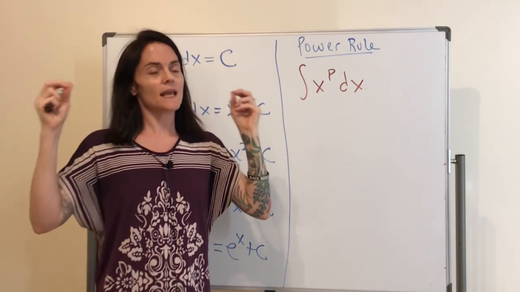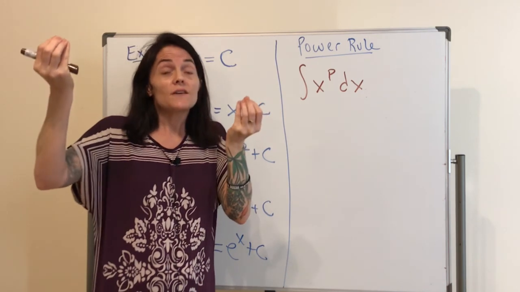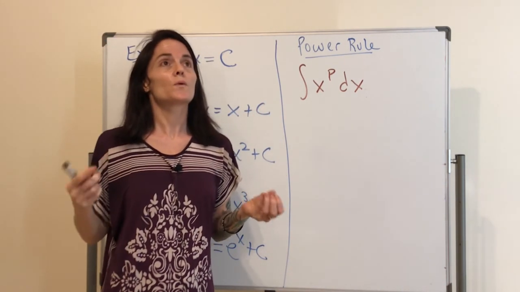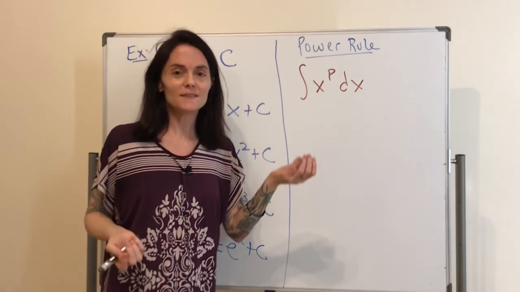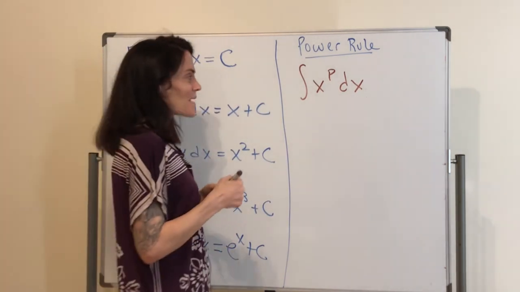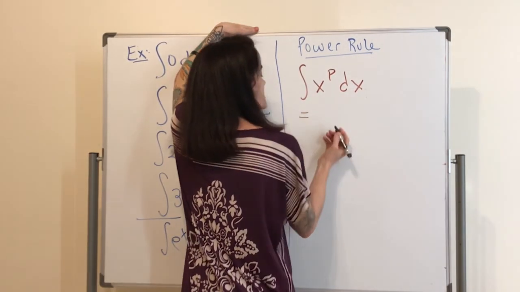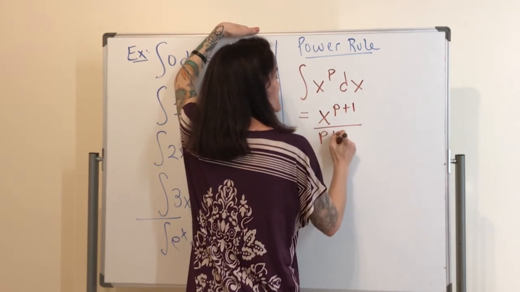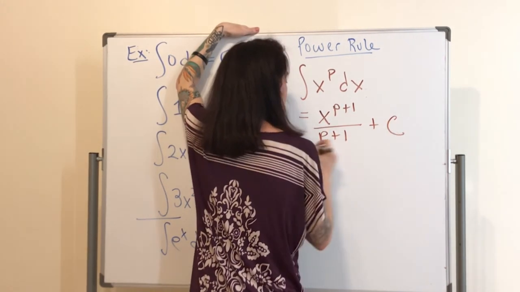But just thinking about it, if differentiating has a power minus 1 in the power rule, when we integrate, part of what we will see is a power plus 1 in the power rule.